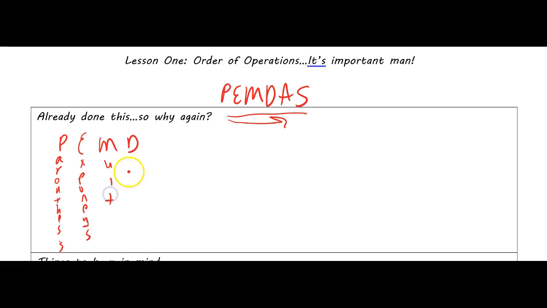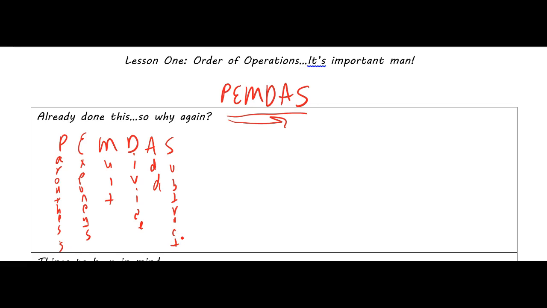So now I'm going to get lazy and start abbreviating. I'll just say divide, multiply, divide, and then A and S for addition and subtraction, or add, subtract.